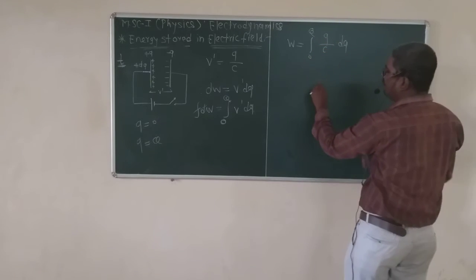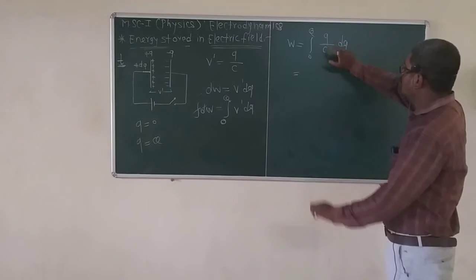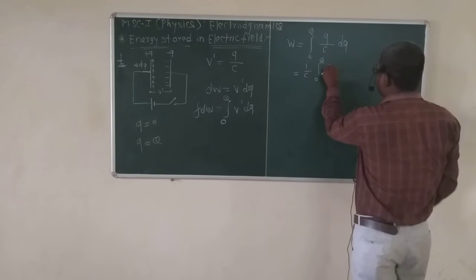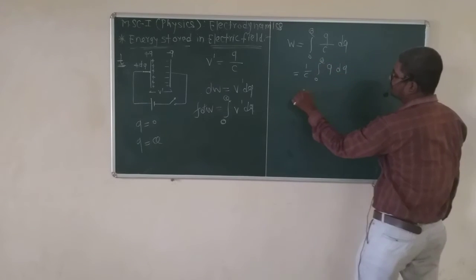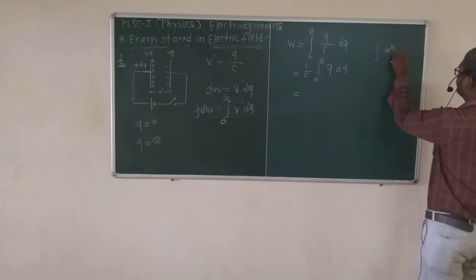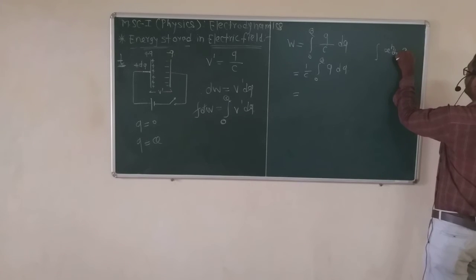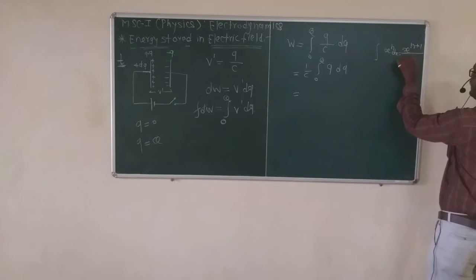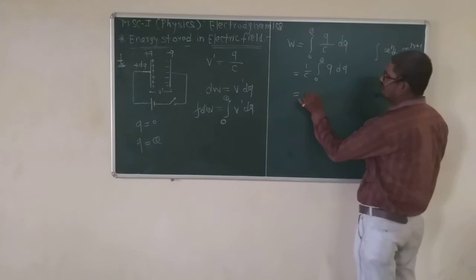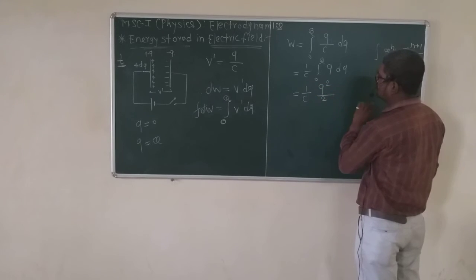Put the value of V', then 1 upon C separates out, integration 0 to Q of q dq. Then we use the integration formula, integral of x raised to n dx is equal to x raised to n plus 1 divided by n plus 1. With respect to dq, that means 1 upon C, q raised to 1 plus 1, that is 2, divided by 2.